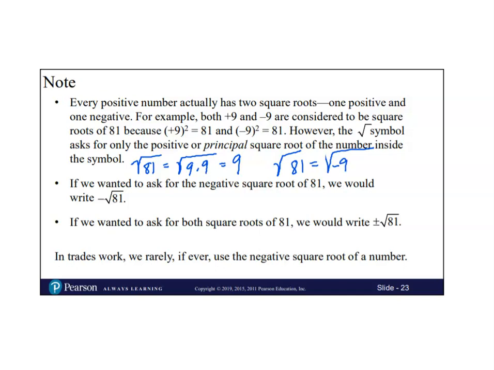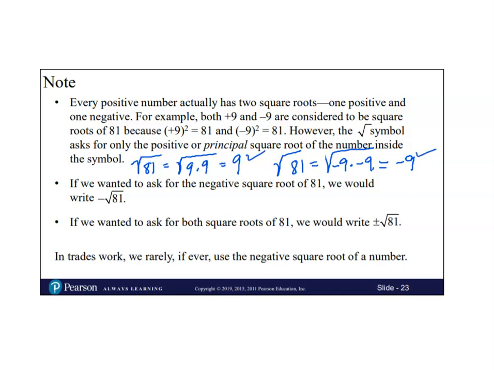I could also say that negative 9 times negative 9 is 81 because a negative times a negative is a positive. So the square root of 81 could be 9 or it could be negative 9.